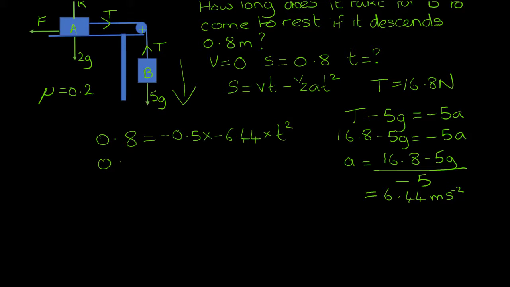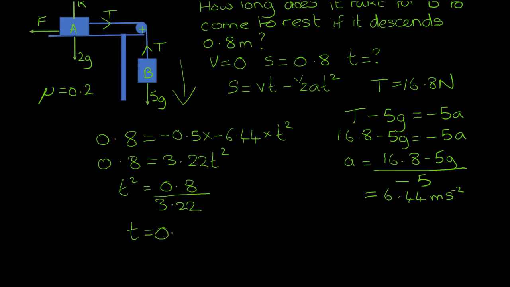So that's 0.8 equals 3.22 t squared. So t squared equals 0.8 divided by 3.22. So if we put that in and square root it, we'll find that t equals 0.5 seconds to the nearest 1 decimal place.